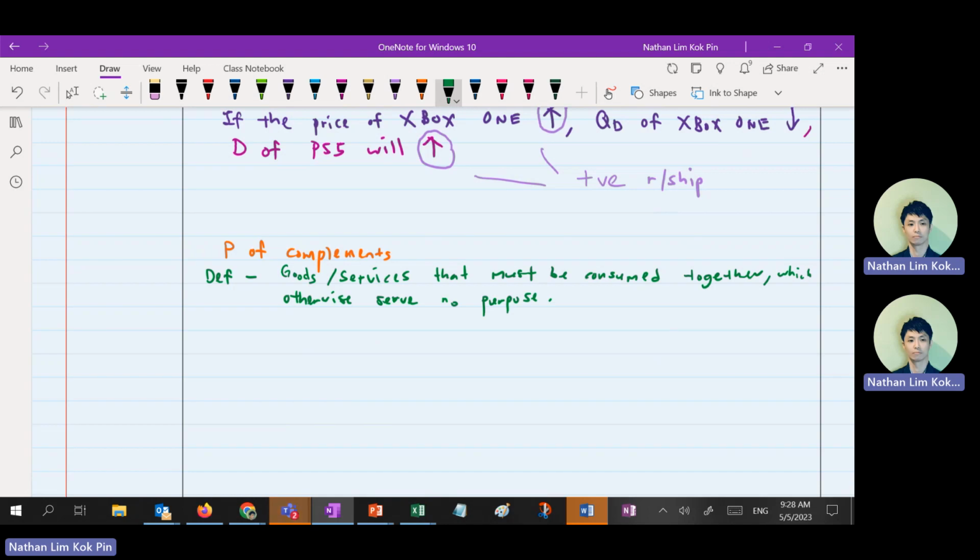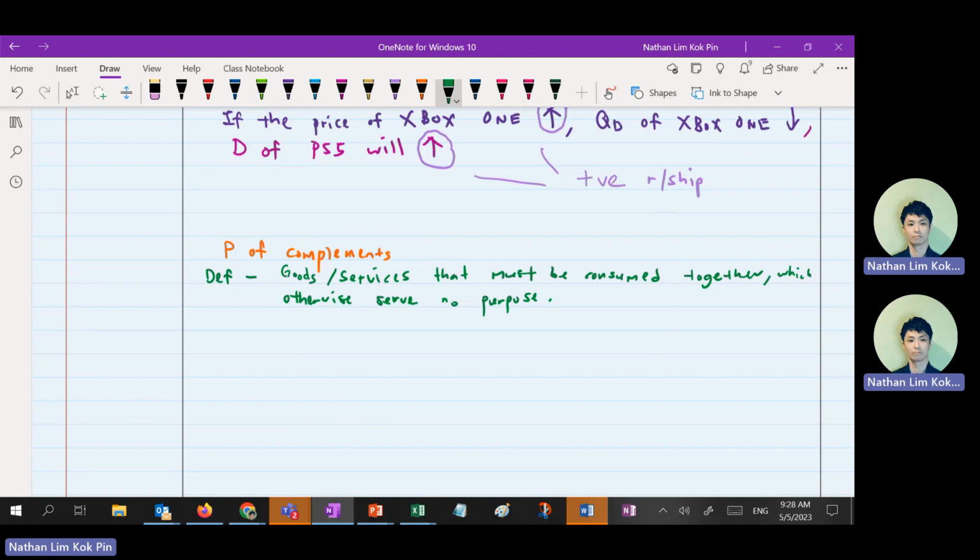Make sense? If they are not used together, they are serving no purpose. The traditional examples for complements are chopsticks, left hand side chopstick and right hand side chopstick, left shoes and right shoes. They must be used together.